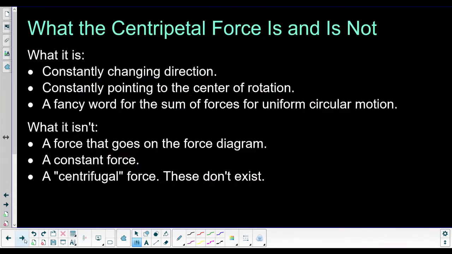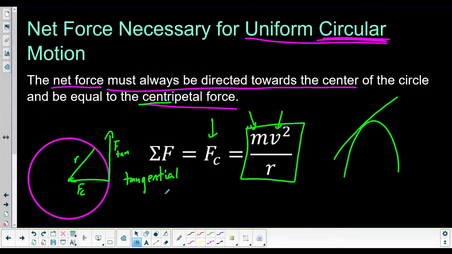So, let's talk about this centripetal force idea a little bit more, just so we can talk about what it is and isn't. So, what the centripetal force is. It is constantly changing directions. If our object is here, it's pointed that way. If our object is here, it's pointed that way.